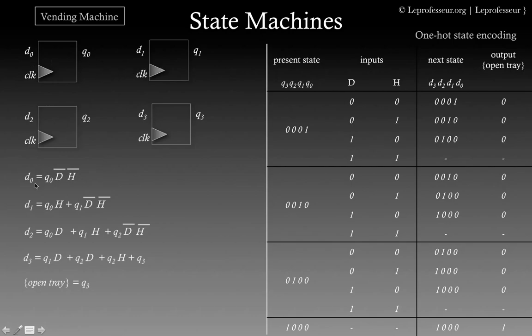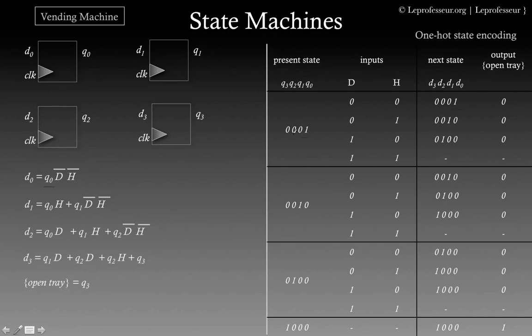Okay, so as you can see here, D0, when D0 is 1, we get only one row here. And in that one row we say, okay, Q0, only one state has to be set, Q0.